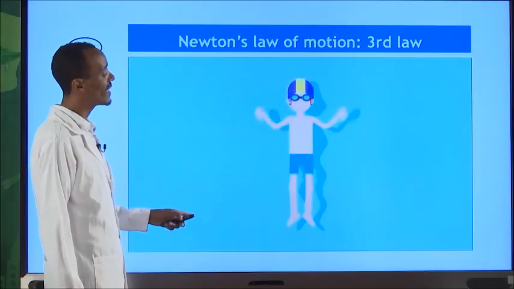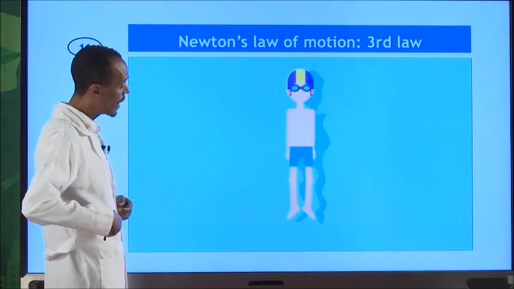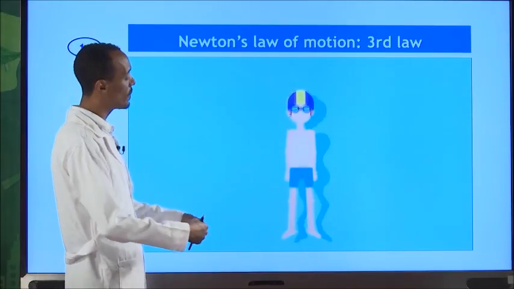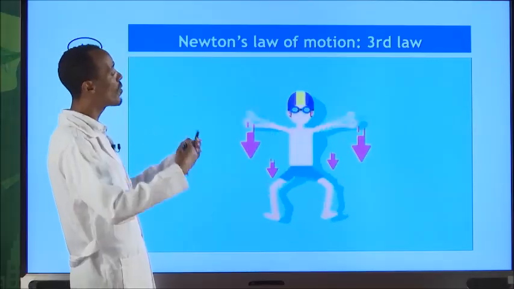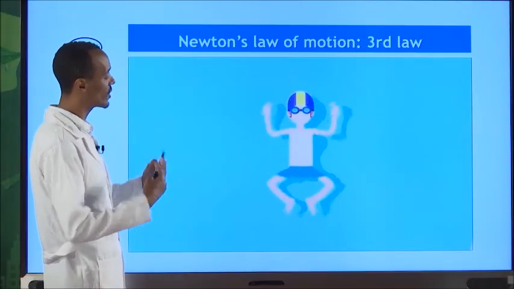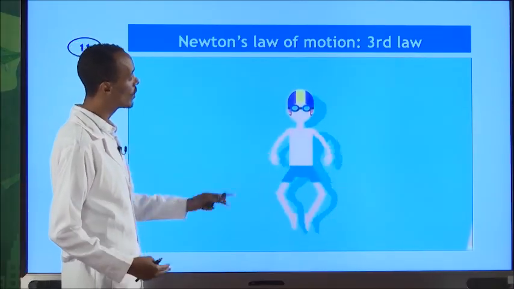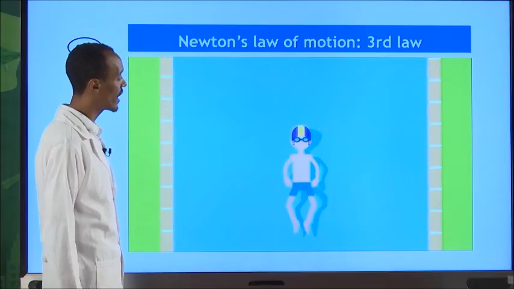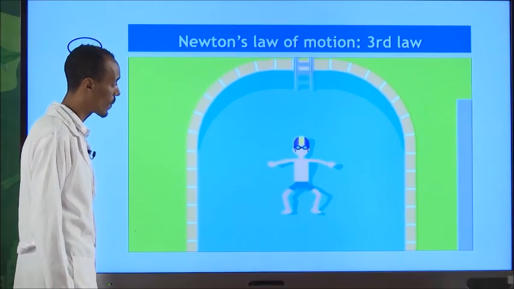Assume you are in a swimming pool. When you push the water in one direction, you move in the opposite direction. This will help you to reach your final destination in your game also.